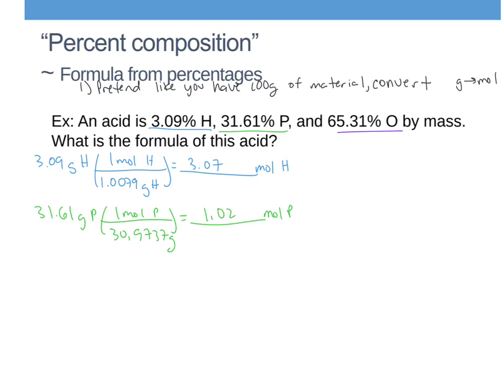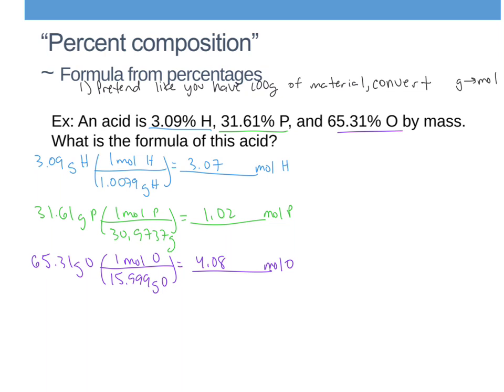And then lastly, for my oxygen, we have 65.31 grams of oxygen, and oxygen weighs 15.999 grams of O per 1 mole, and that is 4.08.